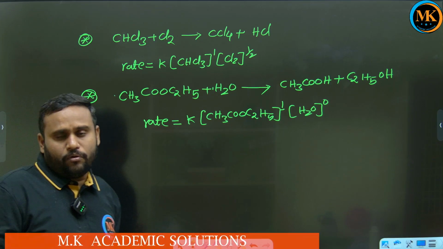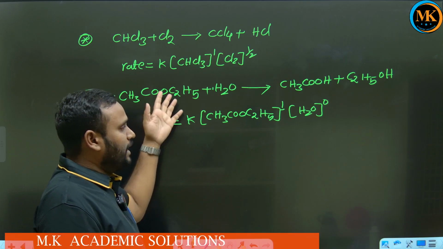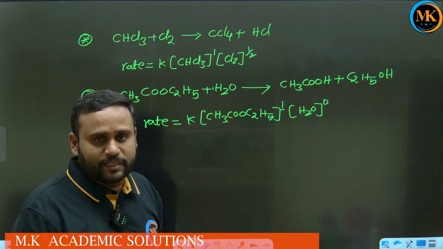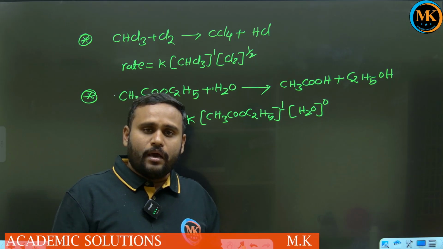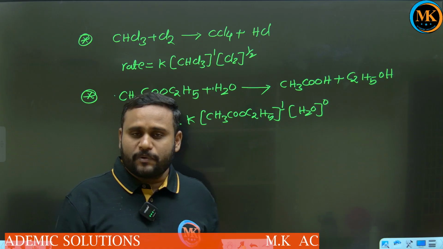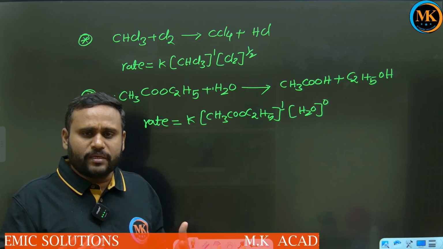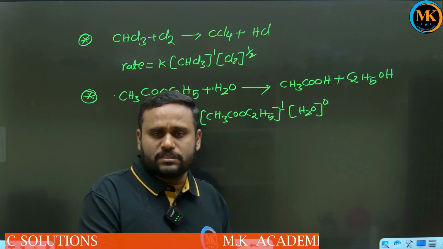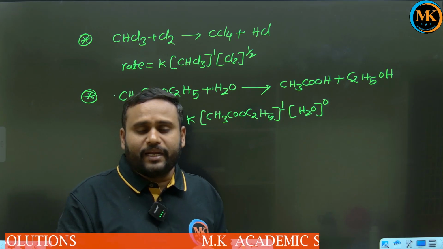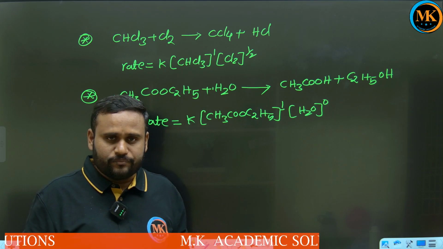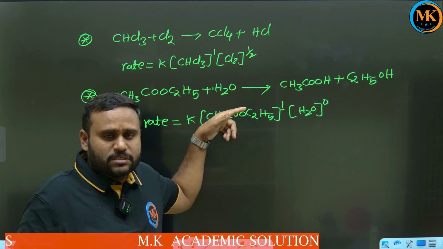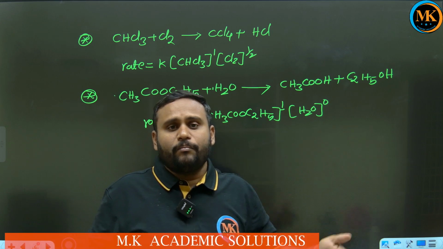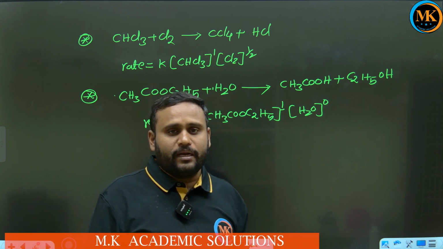So now you can get the doubt, sir, how you are writing these rate equations or rate expressions. These rate equations or rate expressions are written by using the experimental data only. Simply by seeing a balanced chemical reaction, we cannot write the rate expression or rate equation. Then how do we write these rate expressions? Using experimental data only.